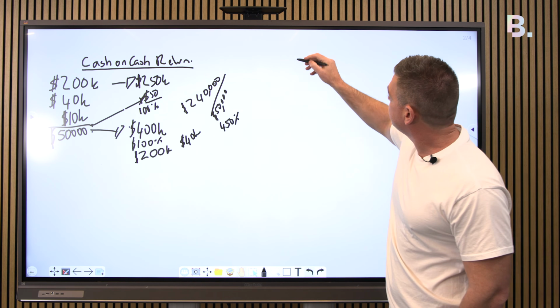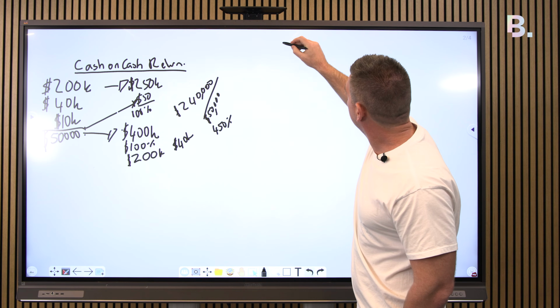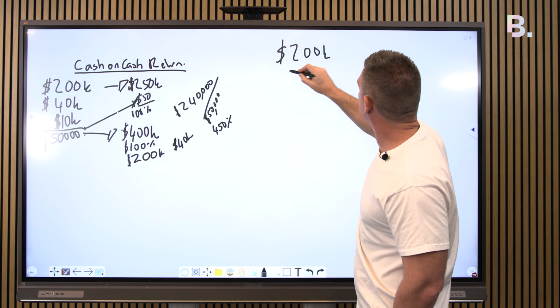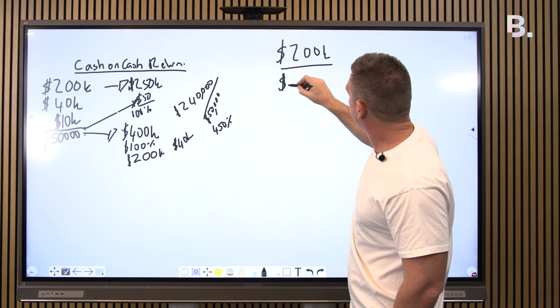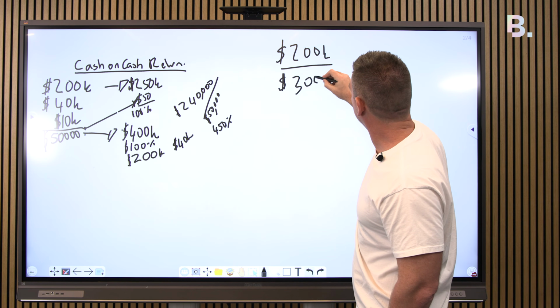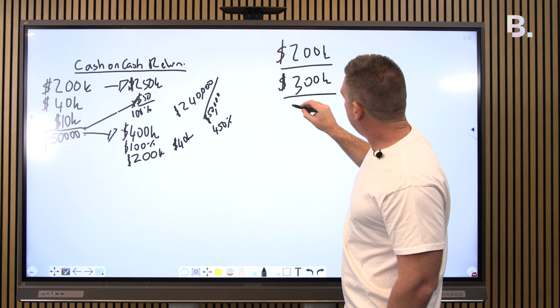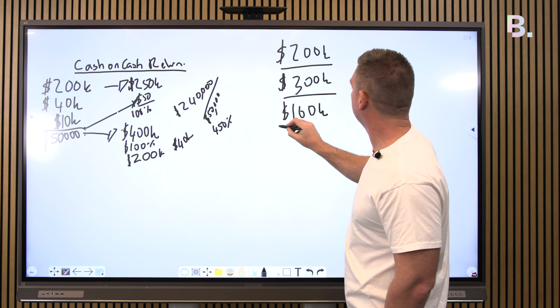Now let's assume that we buy that property for 200K. We revalue it for 300K. We had a loan at 160K to start off with.